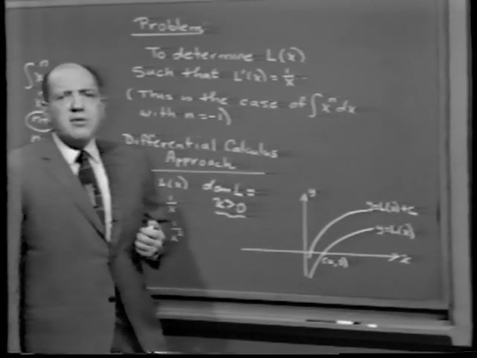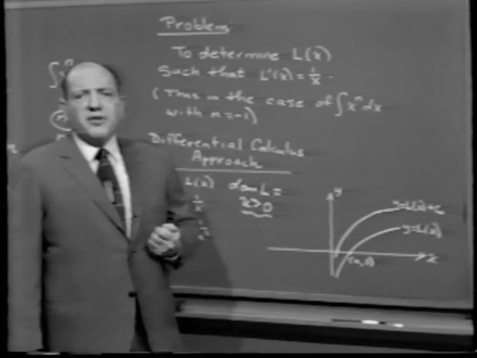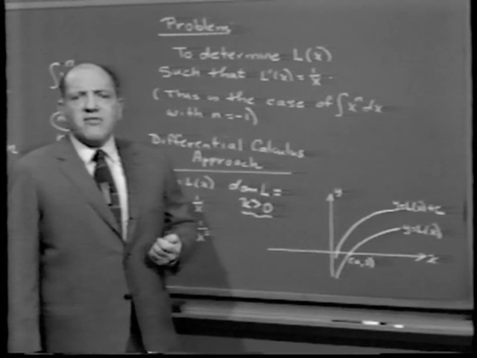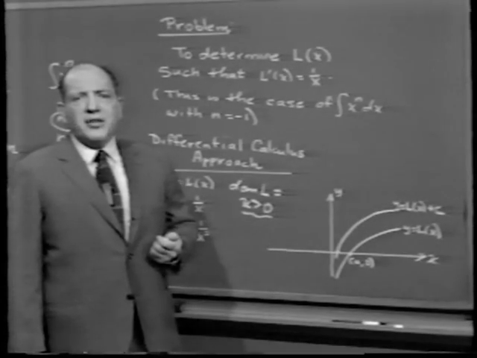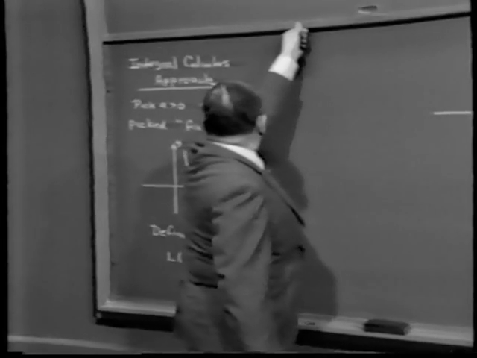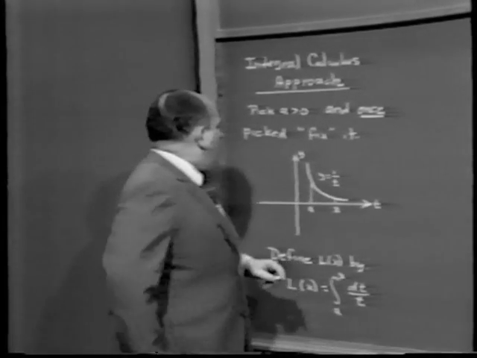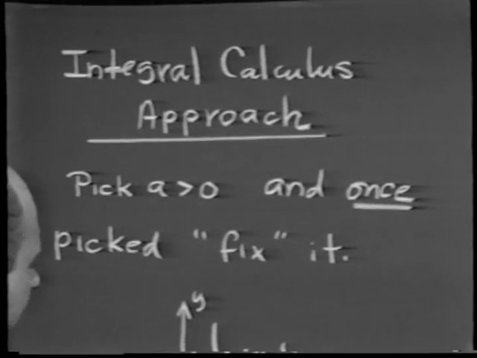Now, suppose we want a more tangible form, namely, how do you compute L of x for a given x? I thought what might be a nice review now is to see how we can use our integral calculus approach, and in particular, the second fundamental theorem of integral calculus. By the integral calculus approach, what we do is we pick any positive number a, and once picked, we fix it.